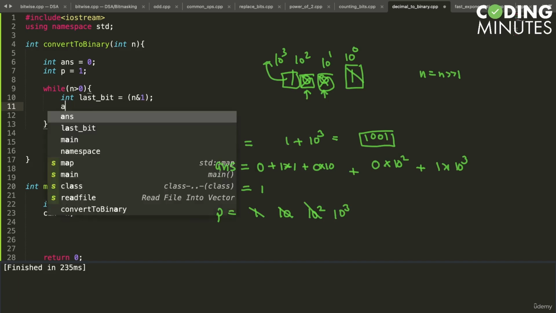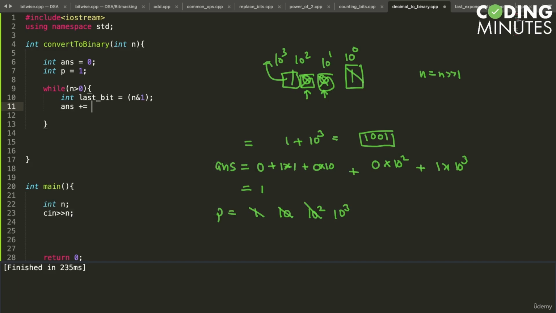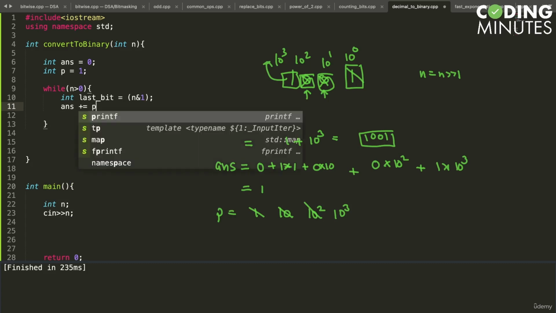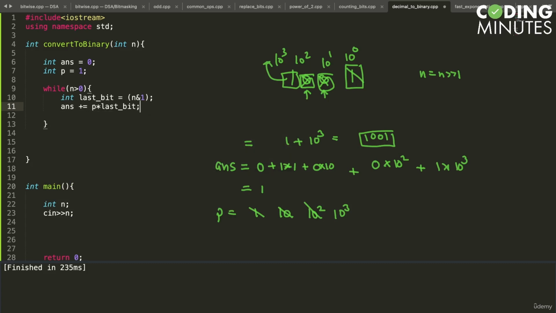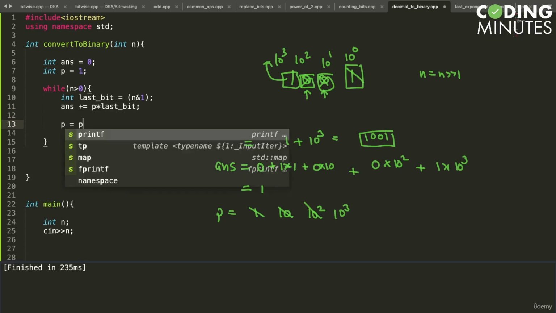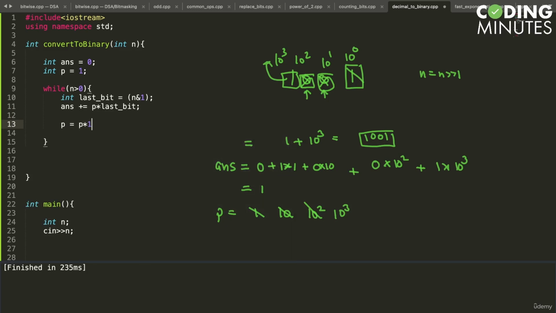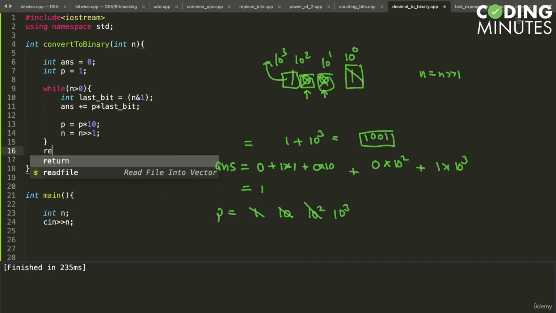So answer would be incremented by a value of power into last bit, and for the next iteration power will be multiplied with 10. So initially it is 1, then it is 10, then 10 square, and then 10 cube, and n would be updated as n right shift 1. That's it, and we are done. And from here we can return the answer.